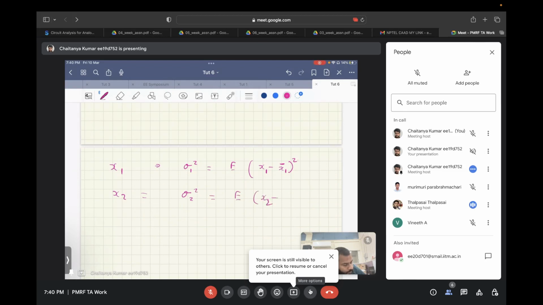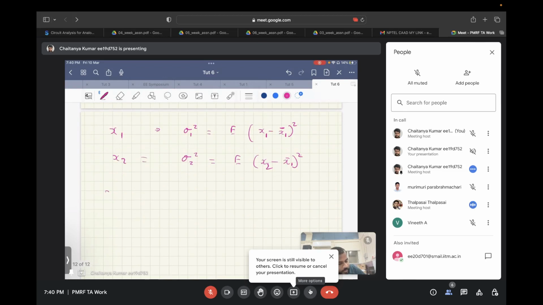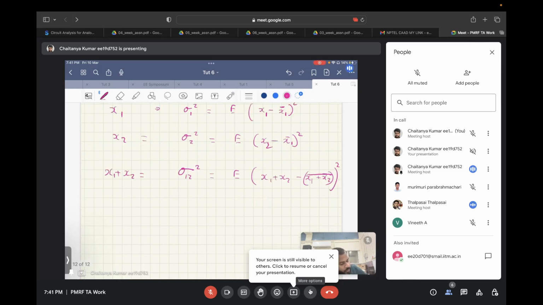If there is a correlation, then while expanding it, there would be a cross term. So this thing you understand, right? Yes, sir. Okay.